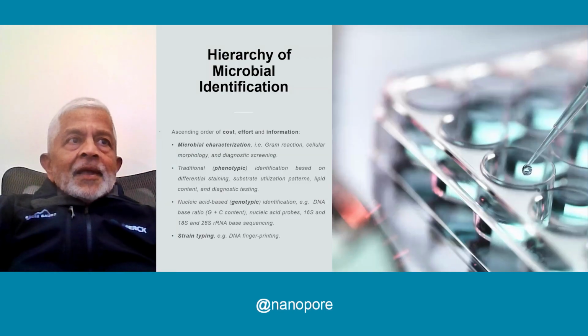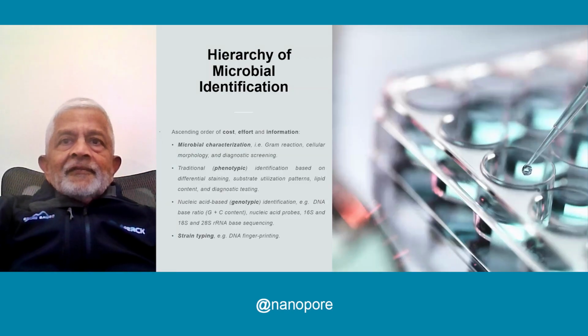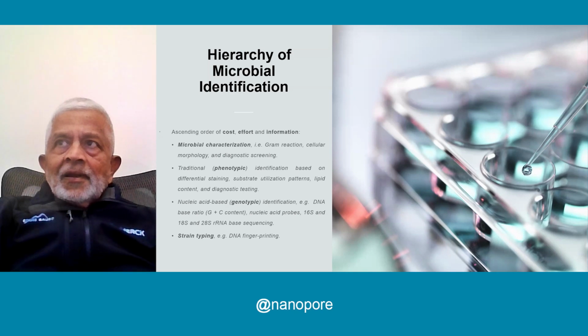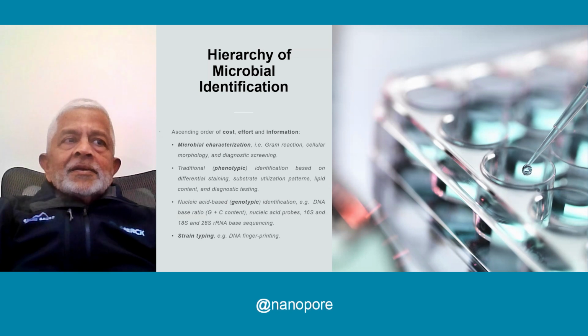Looking at the various types of microbial identification technologies available, as I said, you can have technologies that will help you identify to the genus or the strain level. They have complexities and associated details of information that you can gather, and they are also related to cost, the most expensive being strain typing.